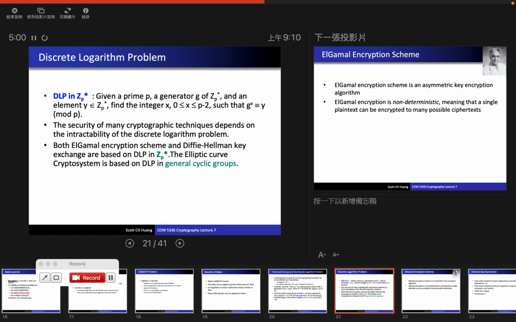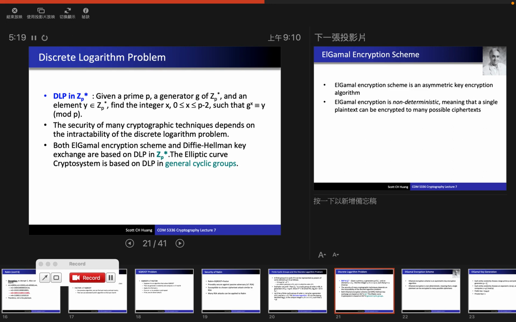Now, if you give me any element in ZP, so any element means any integer from 1 to p minus 1. It's not 0 because it's ZP star, so we remove the 0.